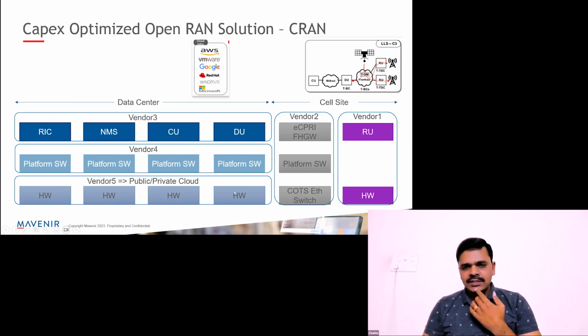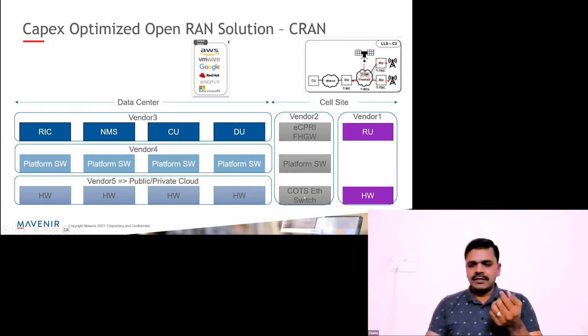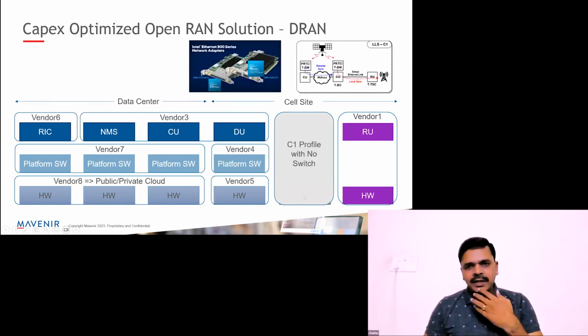But there are regions where the fiber connectivity is a challenge, and you need to rely on microwave backhauls or any public domain internet connectivity with a leased line or leased pipe capacity of a very small bandwidth. Then the Open RAN architecture lends itself to that kind of requirement as well.